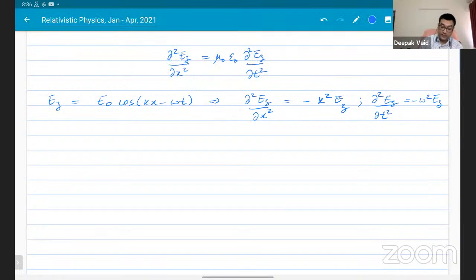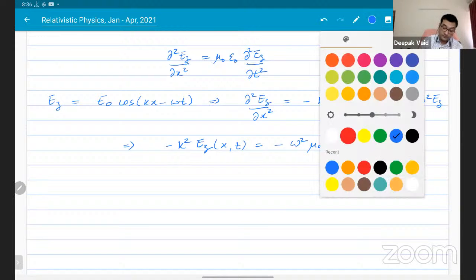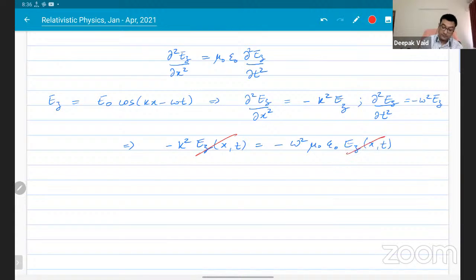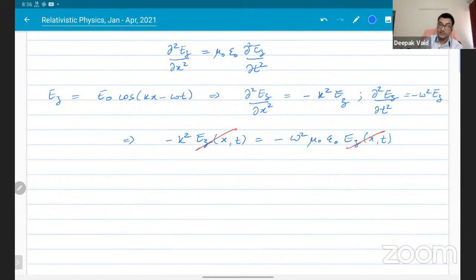Putting these expressions back in here, what do I get? On the left hand side, I get minus k squared Ez, and Ez is a function of x and t. On the right hand side, I get minus omega squared mu naught epsilon naught Ez, again as a function of x and t. Okay, so Ez is common, I can cancel it on both sides.